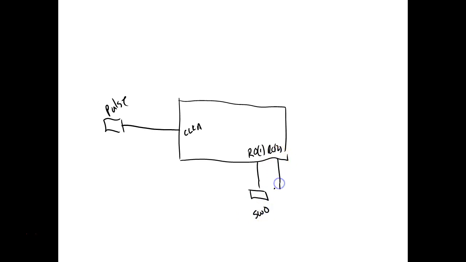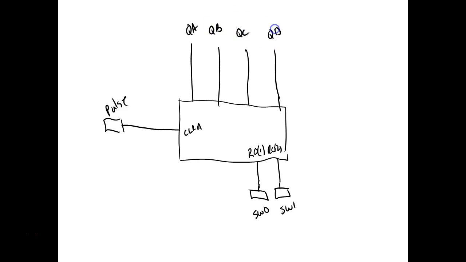And I have this connected to switch 1. This is QA, QB, QC, QD. So I have QA connected back into clock B. So this thing will count, right?